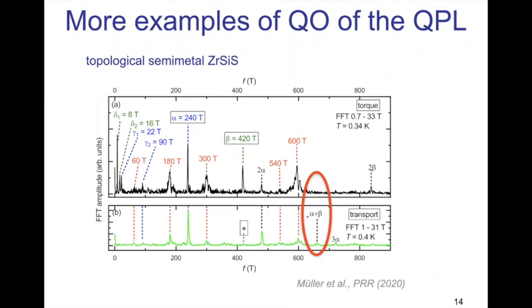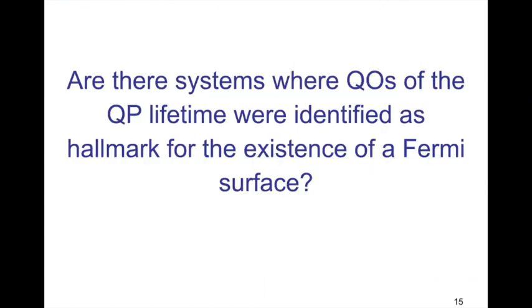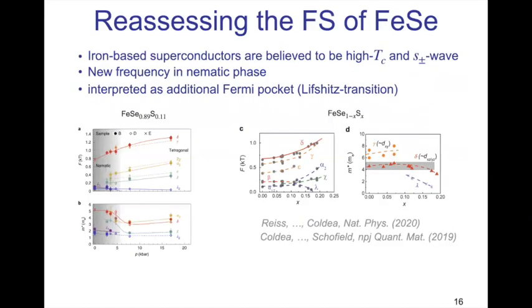However, there could also be materials where somebody observed quantum oscillations and by mistake identified them as a hallmark of a Fermi surface, even though there is no Fermi surface present, or at least not for this orbit. It's very hard to make a claim here because usually the experimentalists know their data better than we do. However, I believe that this could have been already observed in an iron-based superconductor.